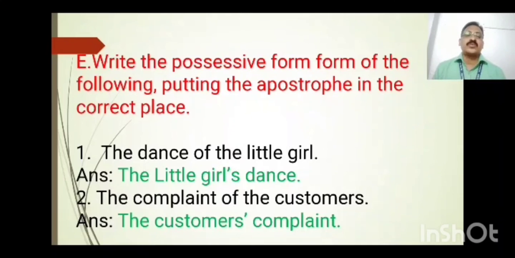So the customers' complaint. In this bit also some extra questions are there. I will provide the answers to them. These are to show you how a normal sentence can be changed to a possessive sentence.